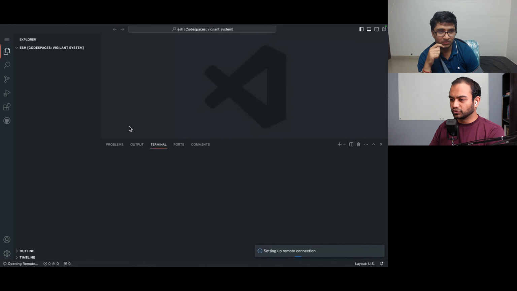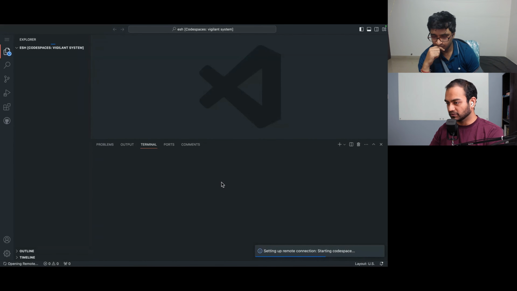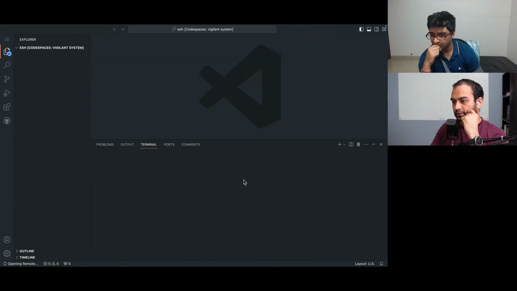So I think the source code here is not important. What we want to show is on an emulator that an M4 CPU would have all of these registers that we talked about. So let's wait for the code spaces to fire up.